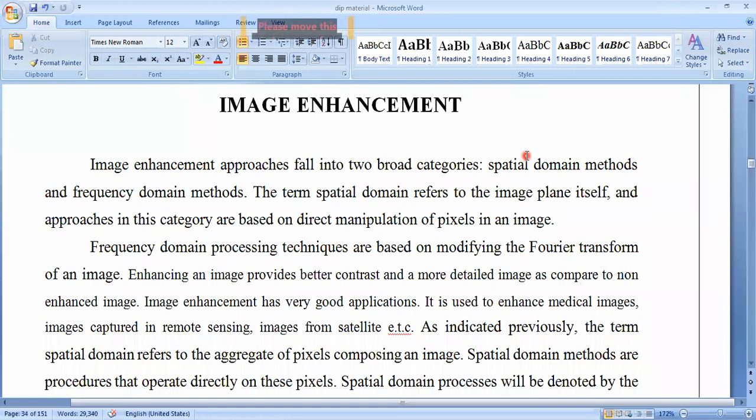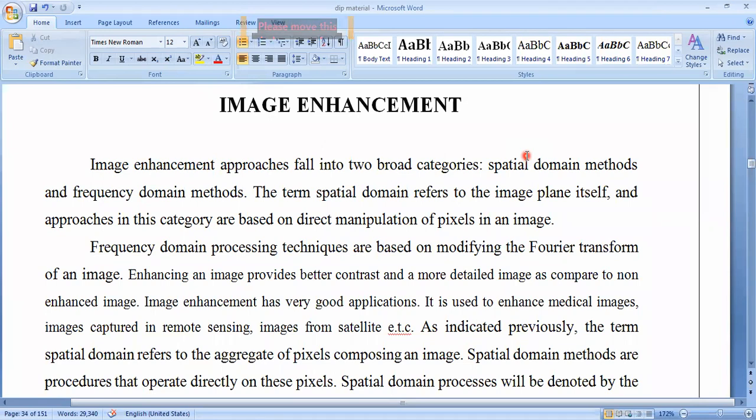So we are going to manipulate, we are going to change the pixel values. Compared with the original image, definitely the processed image is somewhat better in quality. Whenever it is good in quality, we can say that image is an enhanced image.